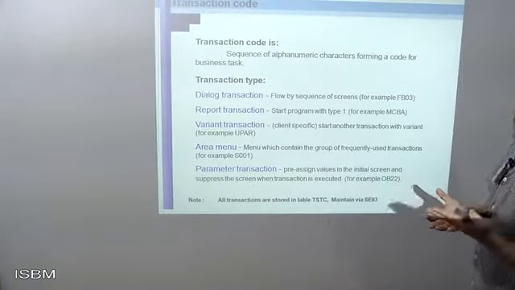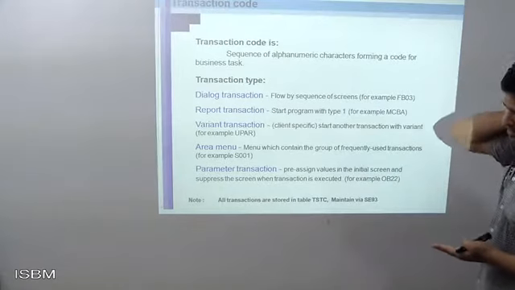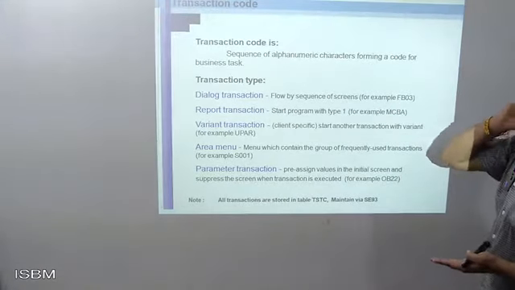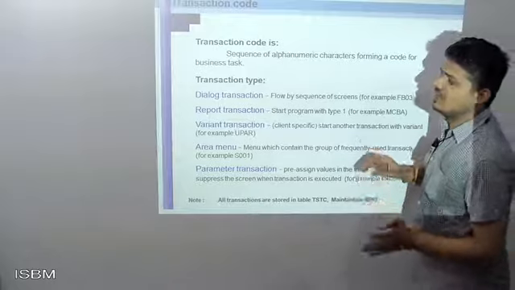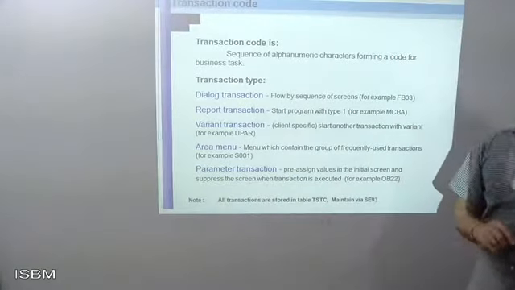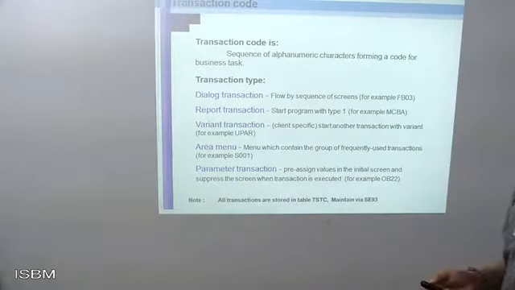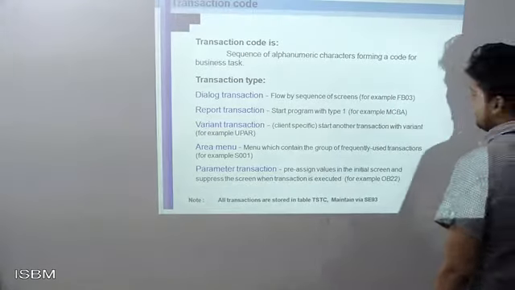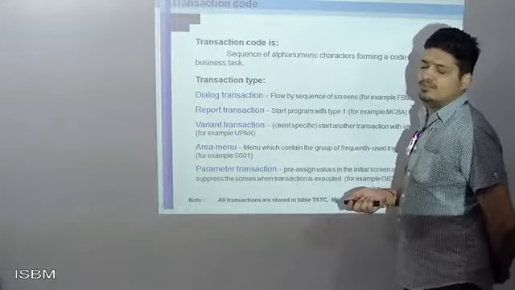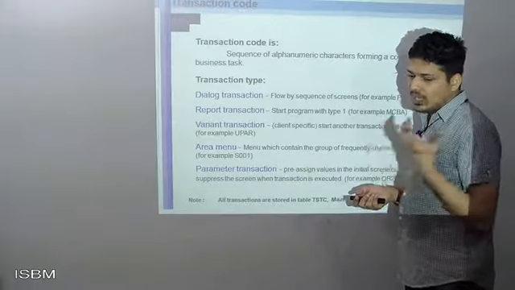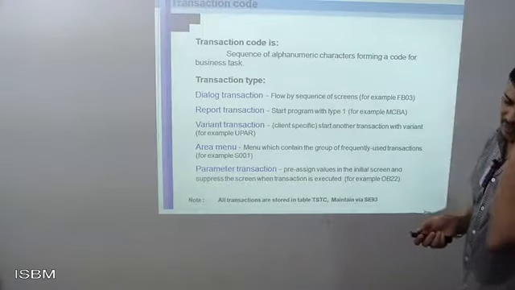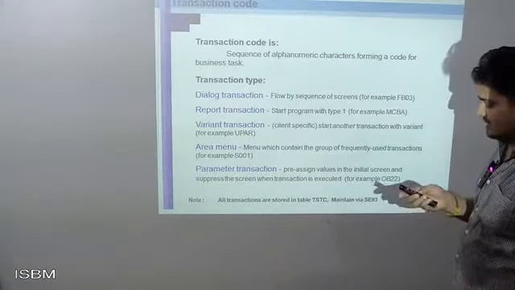If you want to create a customer, we have XK01, XK02, XK03, like VF01, VF02, VF03. If you want to create a vendor, we have the FK series. So we have different transactions, and with their help we can understand what exactly the requirement is. According to that, we have different kinds of transactions.